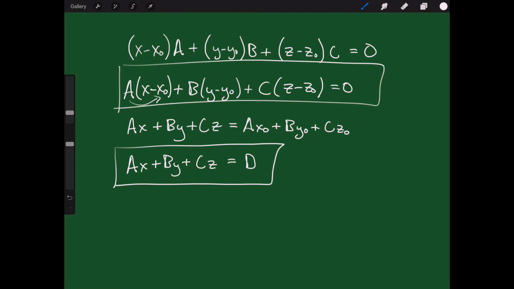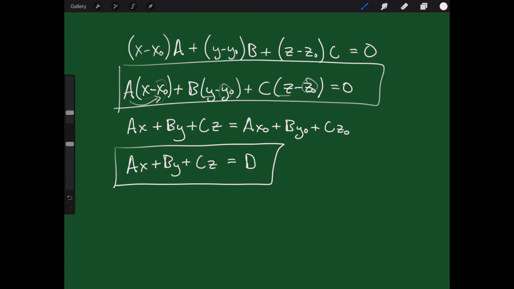Both of these are considered general forms of a plane, where I know a point in the plane. Actually, I really only need to know one. I need to know x0, y0, and z0. And x, y, z is just a random other point in the plane.